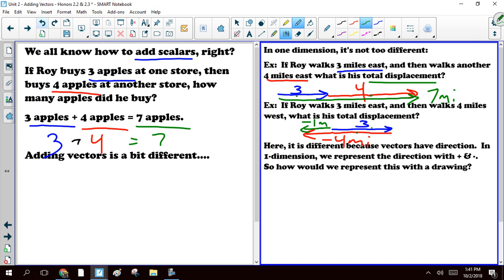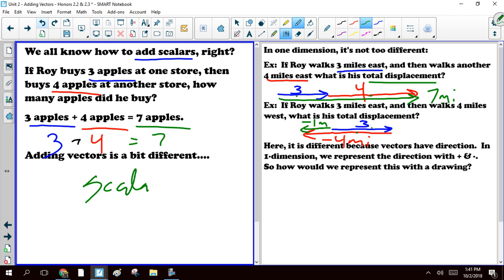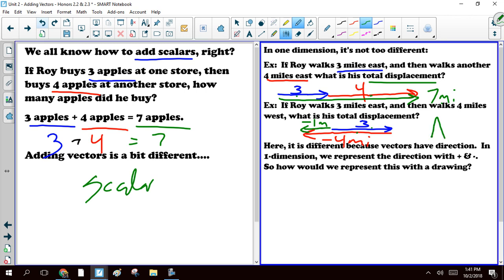The only difference is over here, this is scalar addition, and over here, I did vector addition. You can see that the direction the vector points in affects the answer, because in both cases over here, we had 3 miles and 4 miles, but we got different answers because in the second case, the 4 miles was west, okay? But even still, this isn't bad because all you have to do is keep track of positives and negatives.